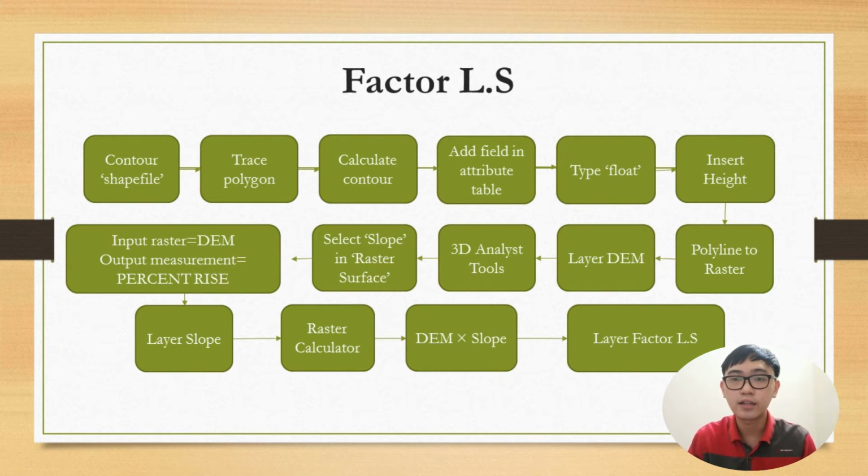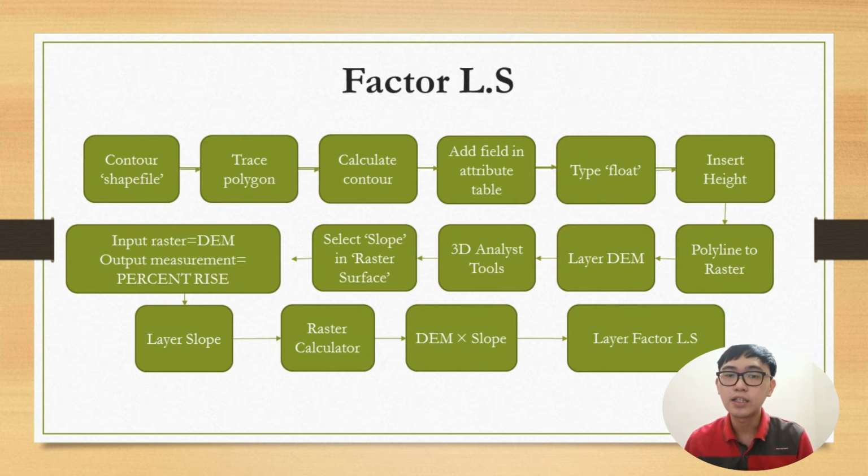To calculate factor LS, the steps are similar as before also. Add the data height into the attribute table. Then convert polyline to raster using conversion tools to produce a layer DEM. Then use 3D Analyst tools and select slope in the raster surface.